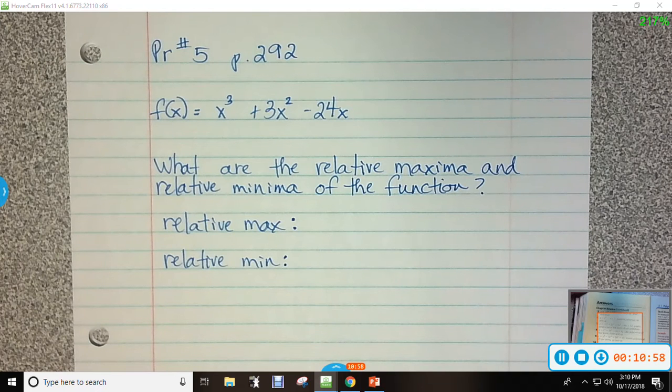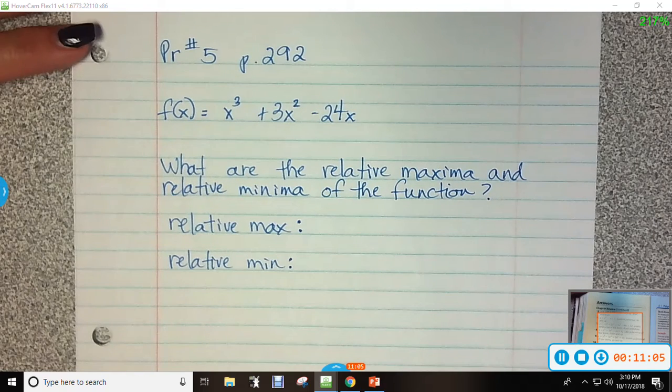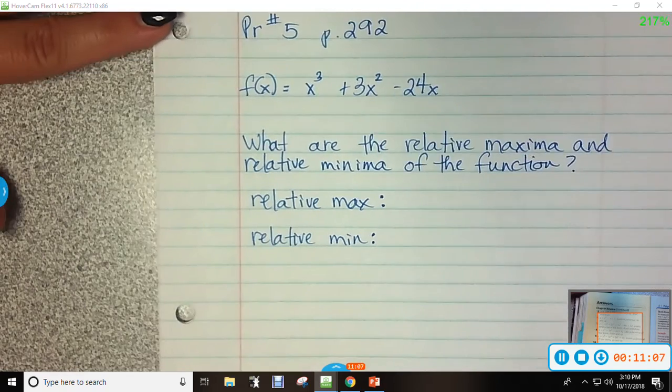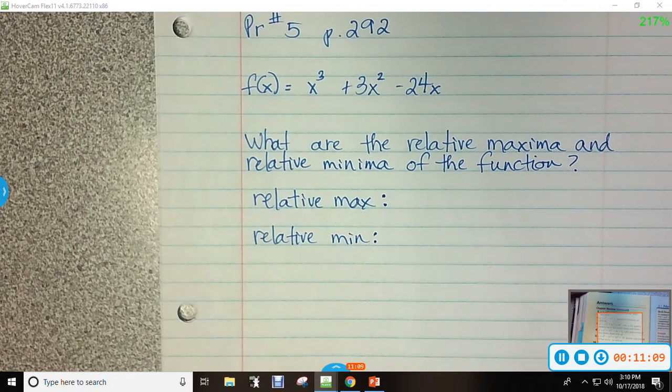Okay, so once you've got it copied, I need you to grab your calculator, type that equation in. Chances are it's already in there for you, but double check it to make sure that they typed it correctly last block.